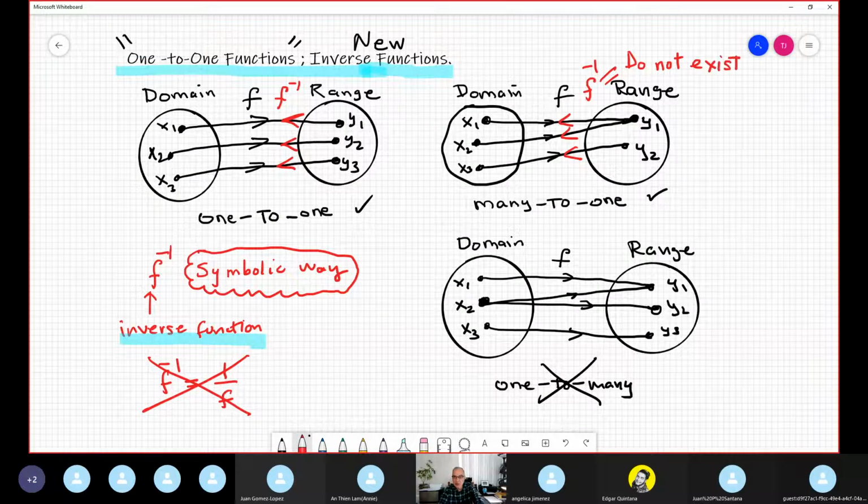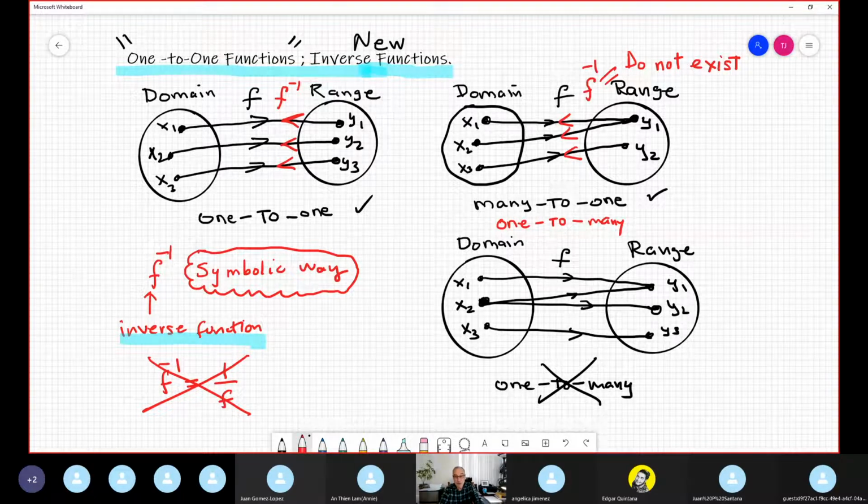Why does it not exist? Because in this opposite direction, my relation becomes one-to-many. Look, when I invert and put the reverse arrow, it is one-to-many, and one-to-many is not a function.